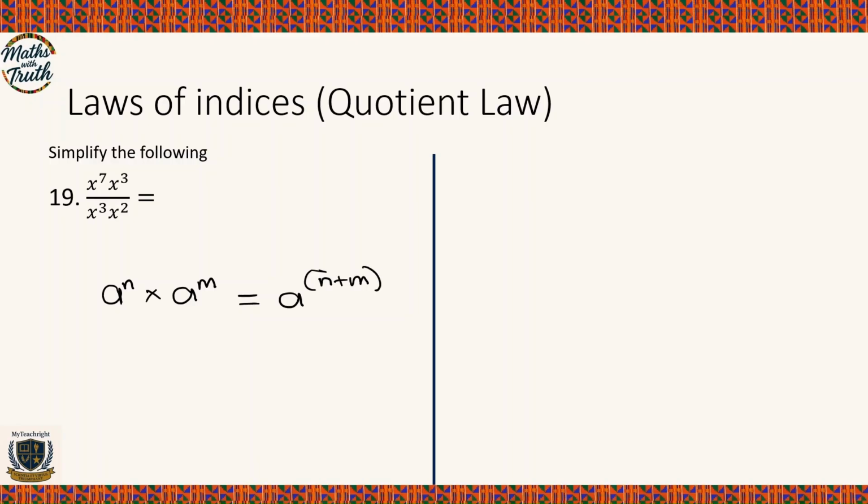If you have the product of indices expressions of the same base, then that product is equal to the base exponent the sum of their indices. Okay, so then we have a exponent n times a exponent m. Because the bases are the same, you maintain the base and then you sum the exponents.